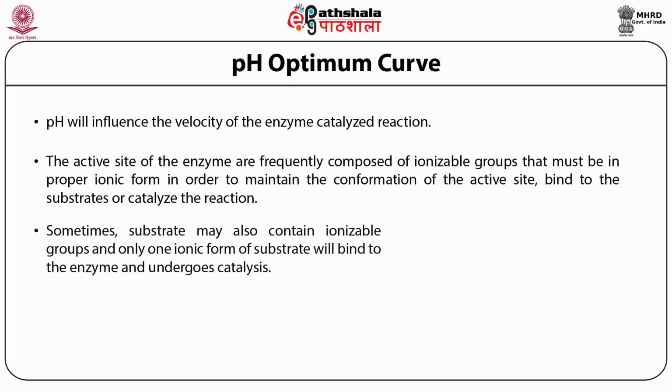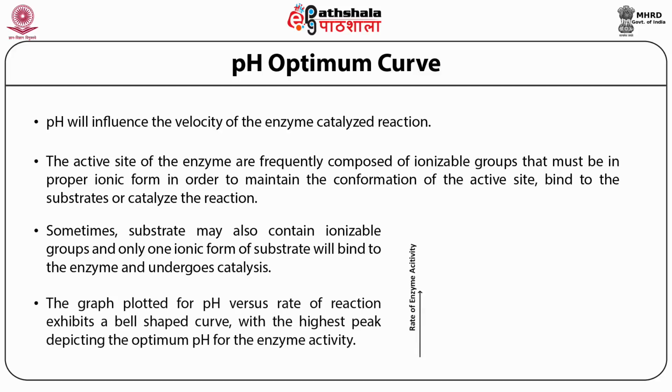Sometimes the substrate may also contain an ionizable group, and only one ionic form of the substrate will bind to the enzyme and undergo catalysis. Therefore, the optimum pH selected for the analysis of the enzyme must be based on active site residues as well as ionizable groups present on the substrate.